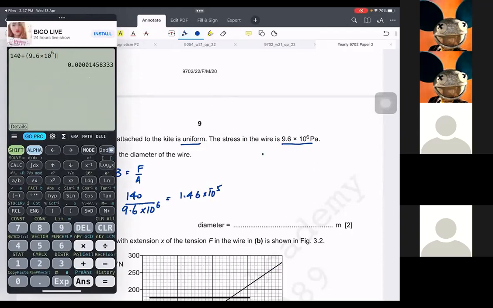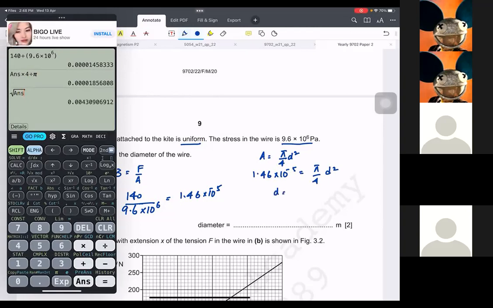And now we want to find the diameter. A circular wire has area pi by 4 d squared. So I'm going to write 1.46 times 10 raised to -5 equals pi by 4 d squared. So now let's do it. You multiply this by 4 divided by pi. This is the answer, and then you take the square root of the answer.